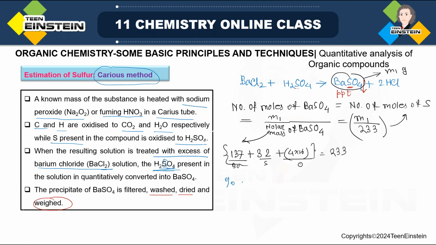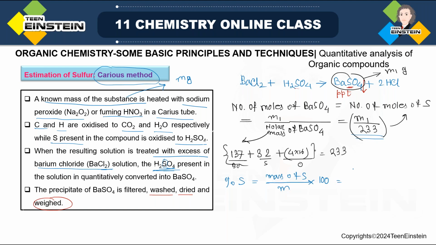Now we can calculate the percentage of sulfur present in the molecule. Suppose the known mass of the organic substance that we have taken is m gram. Then the percentage of sulfur is the mass of sulfur divided by m, multiplied by 100. The mass of sulfur is 32 multiplied by the number of moles of sulfur.